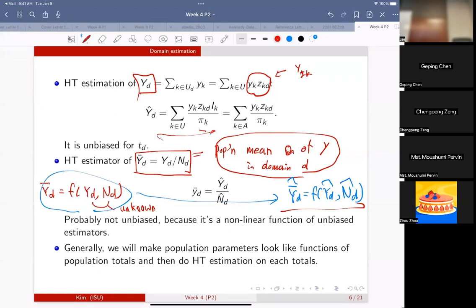So that is actually this. So we just mimic this functional form and plug in the estimators. Then you can see that this is a nonlinear function. It's a nonlinear function.